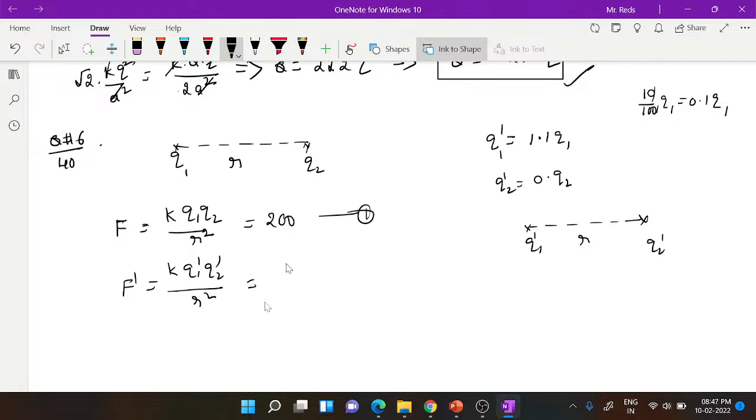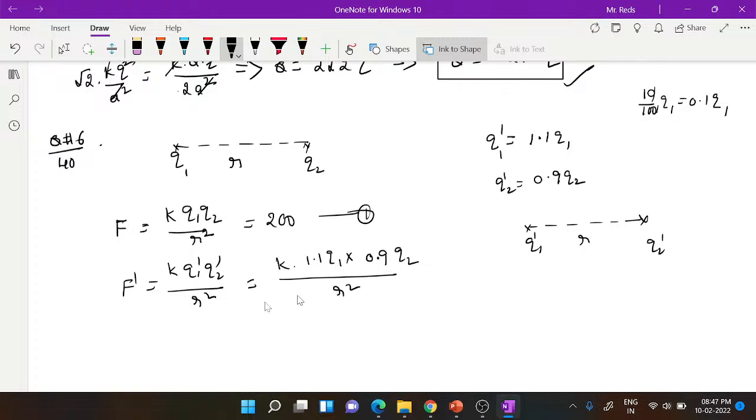So you can write it as k into q1 dash, which is 1.1 q1, and q2 dash, which is 0.9 q2, divided by r square.